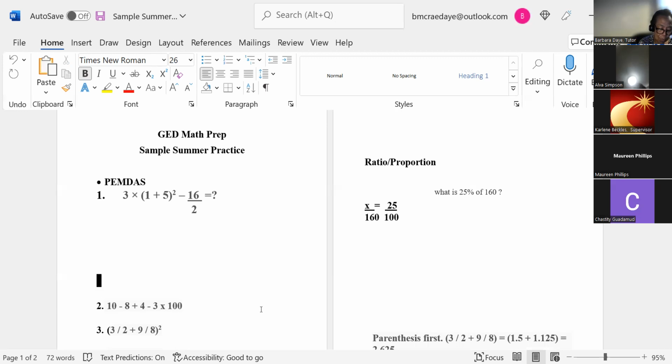Don't we work in the parentheses first, Miss Barbara? Yes, parentheses first. That means you've got to do your 1 plus 5 first, and then use the exponent, right? Yes. Maureen, you got an answer?